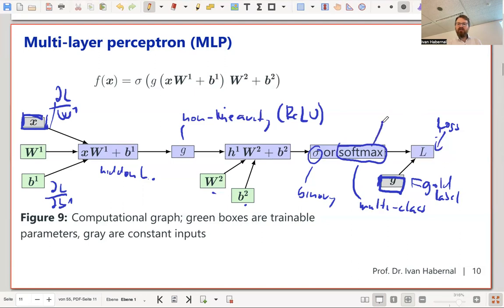Here will be the output, the prediction. The loss and the gold label are just for training, for finding the best parameters by minimizing the loss. Once you train the model, the prediction comes out of here. In the case of softmax, for example, it will be a probability distribution over your classes. Okay, cool. So this is the multilayer perceptron. Any questions?